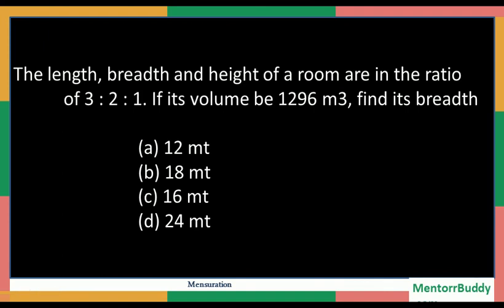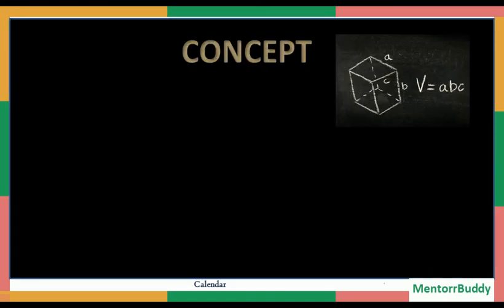As we know that the room is in the shape of a rectangular cuboid, so we need to understand the property of a cuboid. Coming directly to the concept, we can see there is one cuboid and the dimensions are given as A, B and C. So the volume of the cuboid will be directly equal to A into B into C. We can also take A to be length, B to be breadth and C to be height.